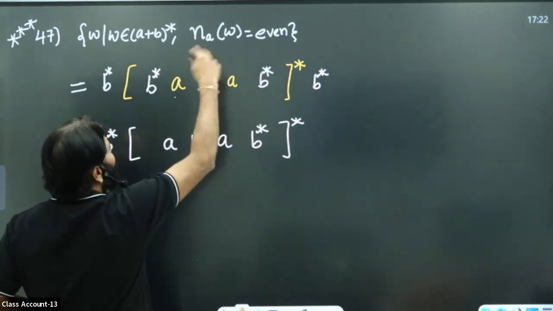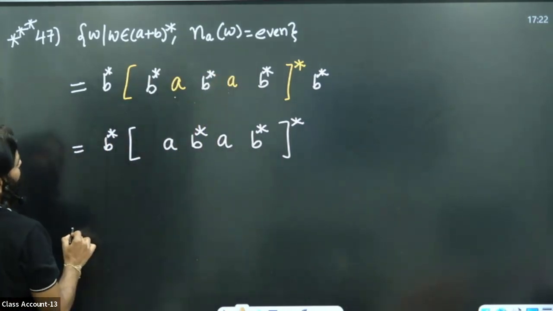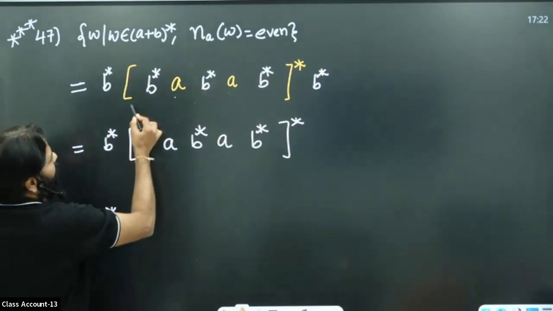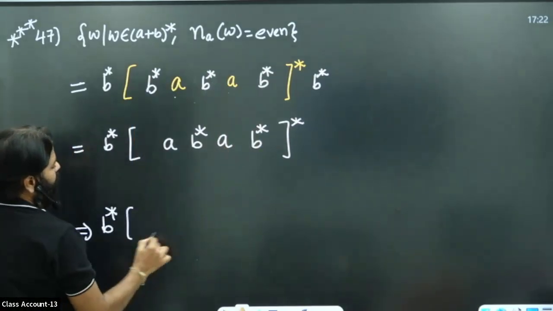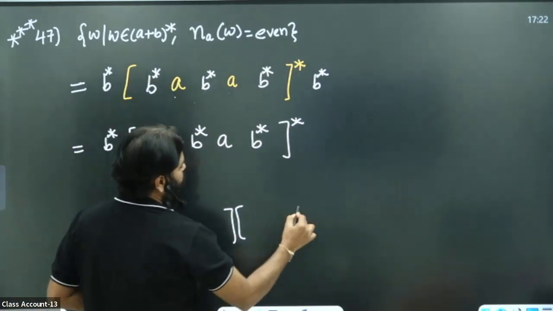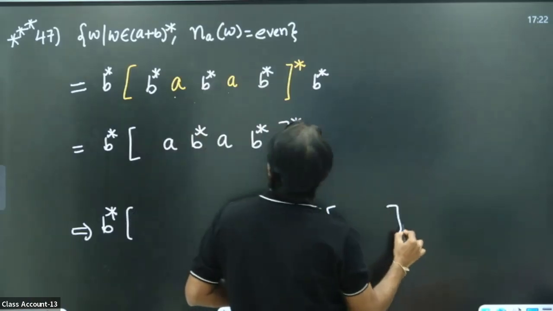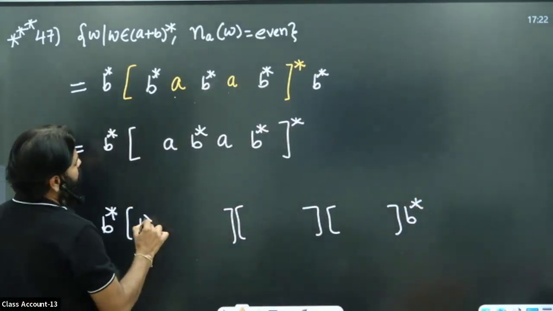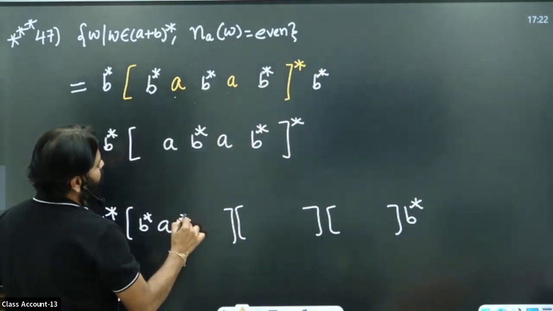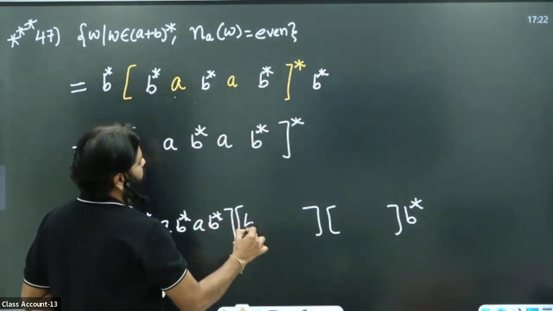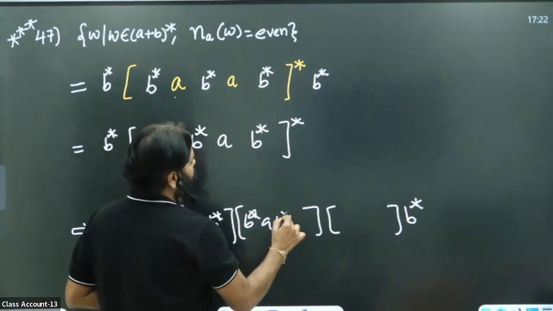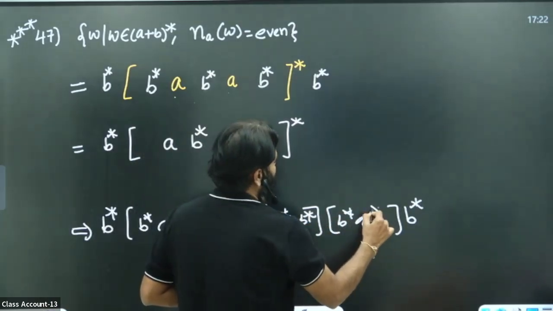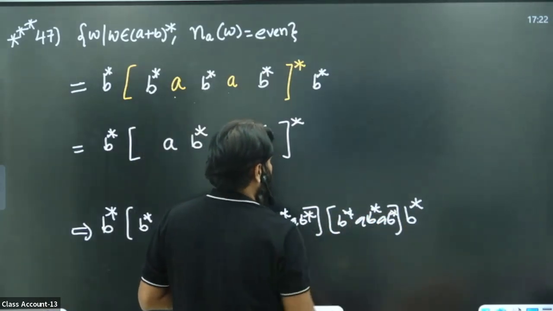This one I'm repeating, let's say, 3 times, and B star is there. And what is here? B star, A, B star, A, B star, B star, A, B star, A, B star, B star, A, B star, A, B star.